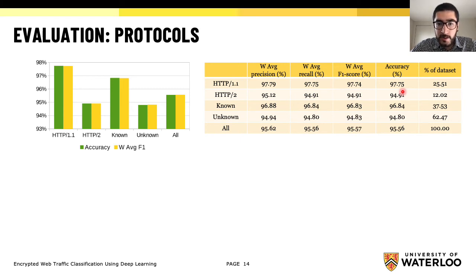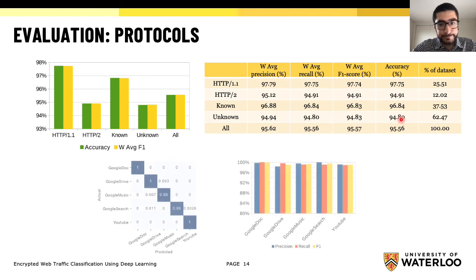And something else to note here is that for the flows that did have the ALPN extensions, that is the application-layer protocol negotiation, which we use to determine the underlying protocol, the accuracy is much higher compared to the ones that don't. And we attribute that to these flows being captured in the beginning of the user session compared to these ones that are probably intercepted in the middle. And that also shows that there is more information in the beginning of the user session compared to the other parts.